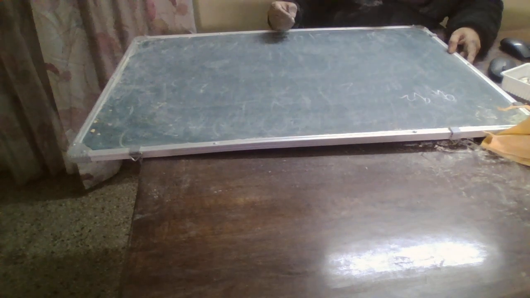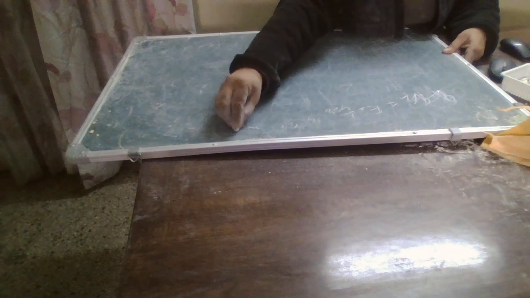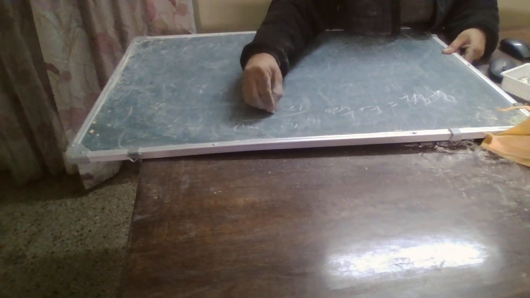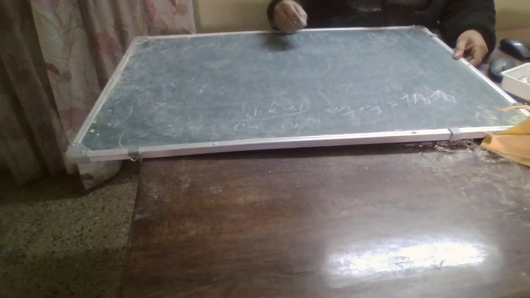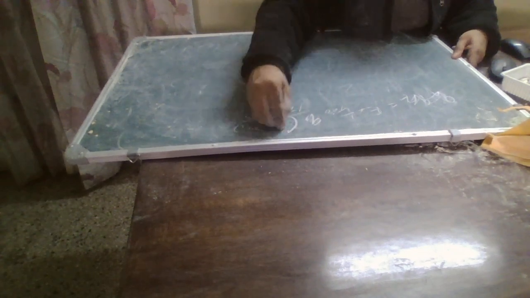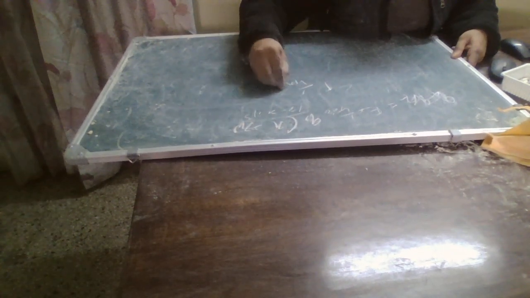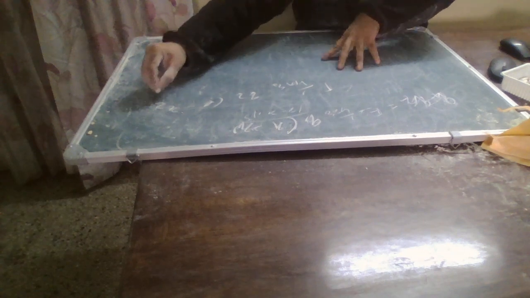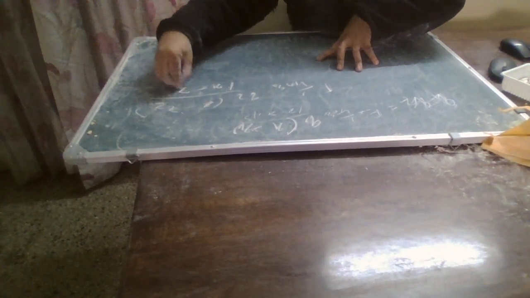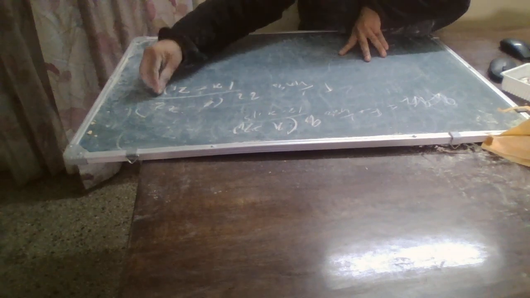We know that the electric field at the point with coordinate x is E equal to 1 by 4 pi epsilon naught Q1 (x minus x1) upon the cube of the modulus of (x minus x1), plus similarly for Q2, putting x2.